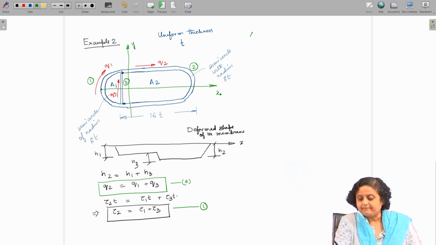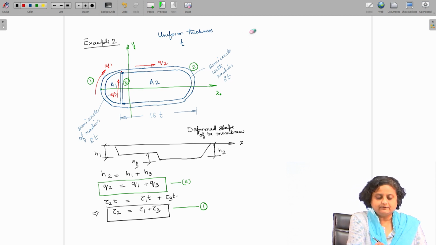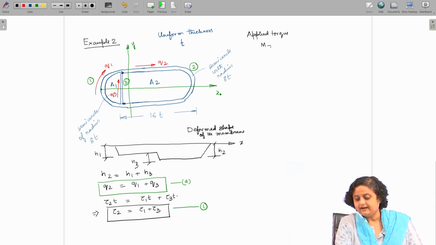If the applied torque is MT, then MT can be written as 2A1 into H1 plus 2A2 into H2. So, let us find out what A1 is.